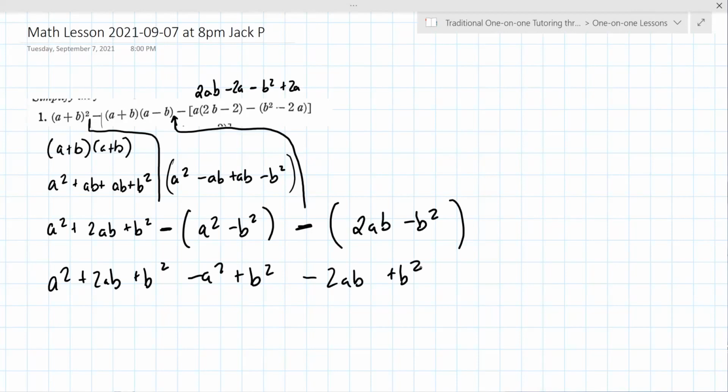And we get some things that are canceling. So these two cancel. All right. The a squareds cancel, and you get 3b squared when you're all done.